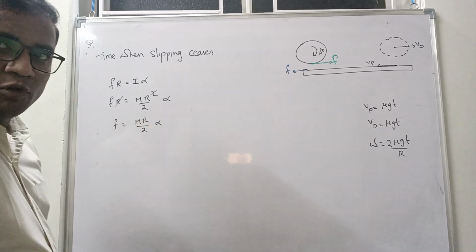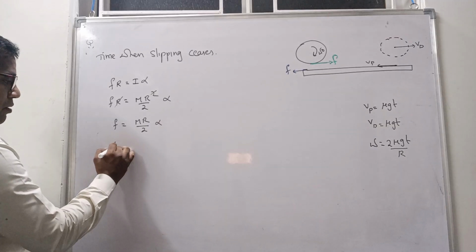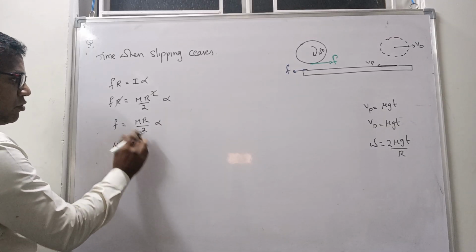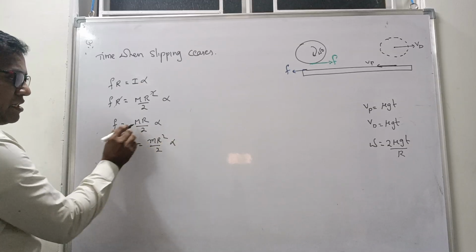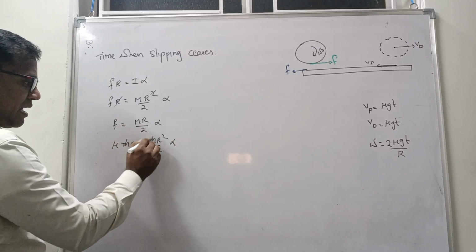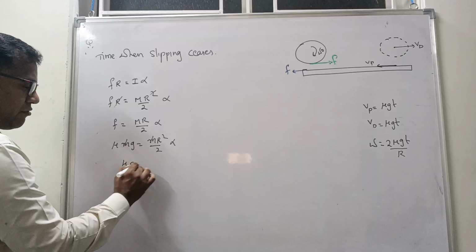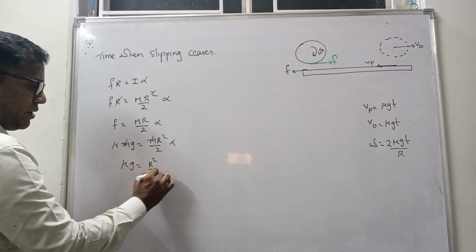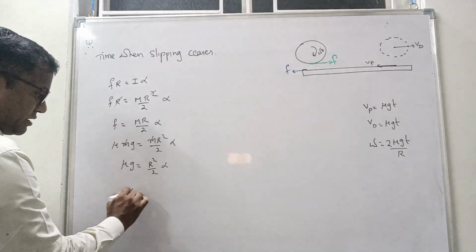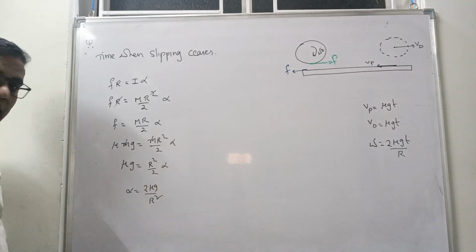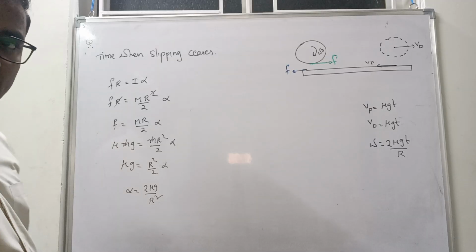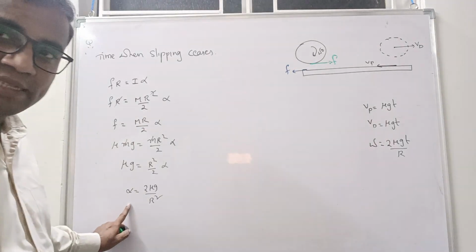We know F is equal to mu mg, which is equal to mr by 2 into alpha. Here it is small m only, so m gets cancelled. So mu g is equal to r by 2 into alpha. So alpha is equal to 2 mu g by r. So I got the angular acceleration also.